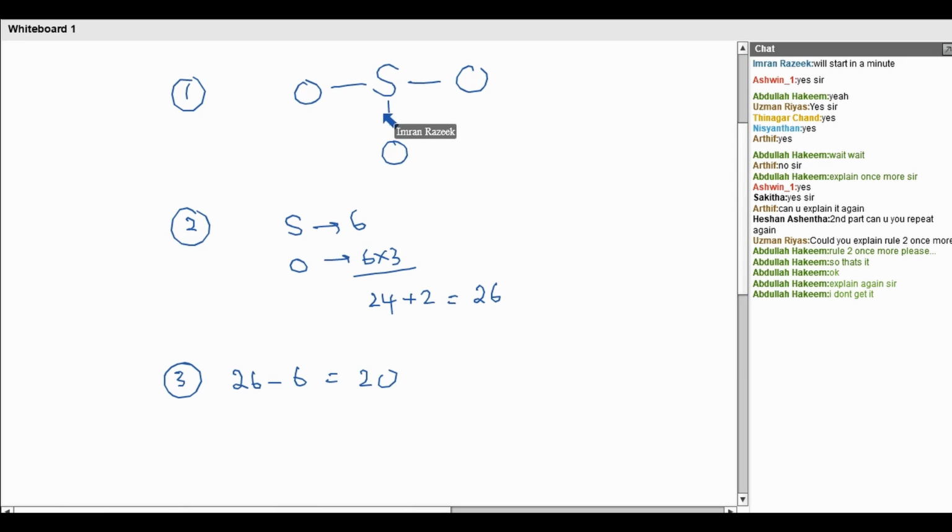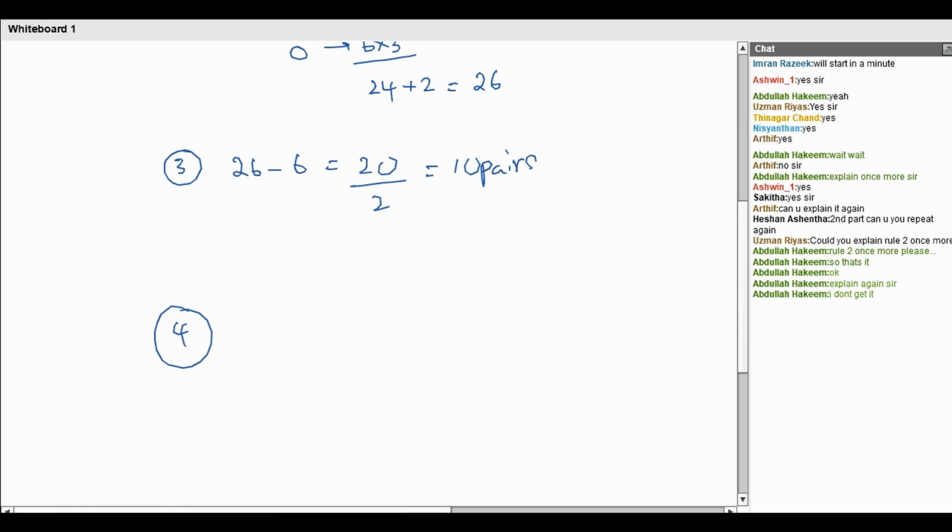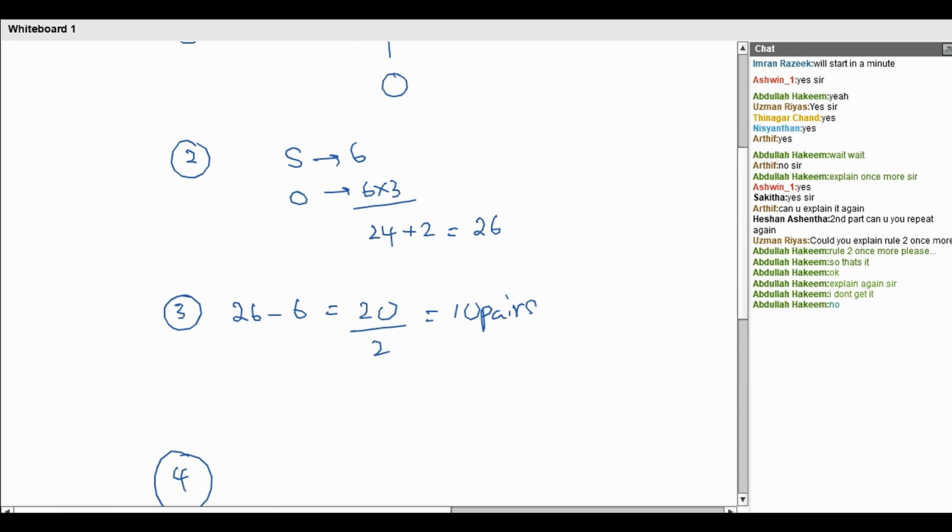So 2, 4, 6. 4 covalent bonds, subtract 8 electrons. 3 covalent bonds, we subtract 6 electrons. For each covalent bond, you subtract 2 electrons. Electrons are in pairs, so you convert this into pairs by dividing by 2. So you get 10 pairs now. What I'm going to do next is the 4th rule. I hope the third rule is clear to everyone. Abdullah group, rule 2 is clear.